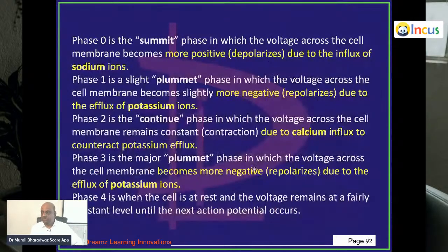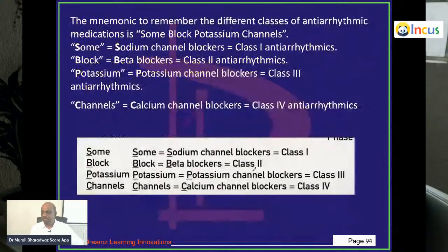So, you need to know that class 2 are beta blockers. Class 1 are sodium channel blockers. Class 3 are potassium channel blockers. Class 4 are calcium channel blockers. Once more, repeat with me. Class 1, sodium. Class 2, beta. Class 3, potassium. Class 4, calcium channel blockers.